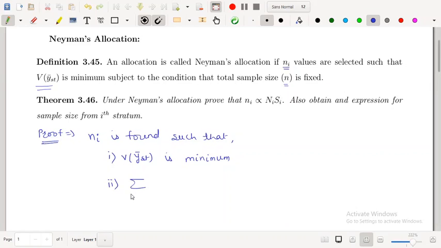So the total sample size is the summation i equal to 1 to k of ni, which is your small n, and this should be fixed.